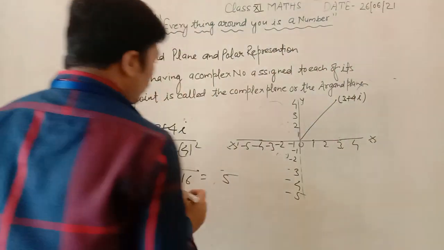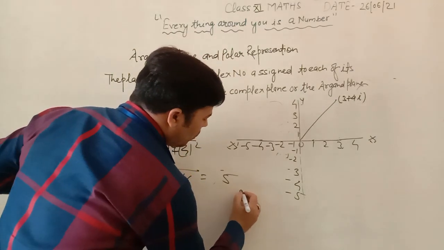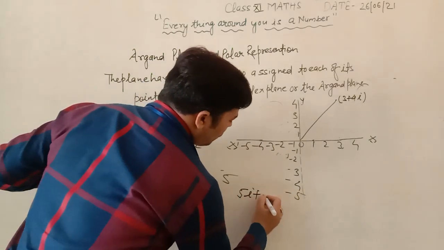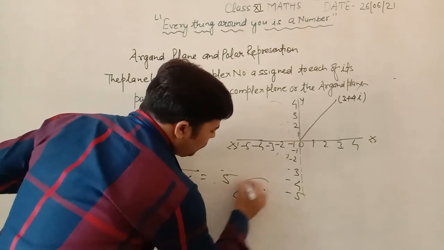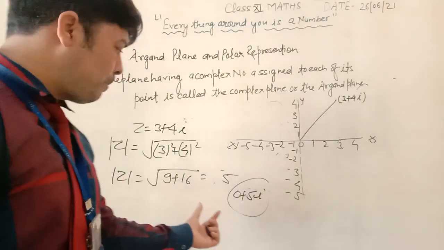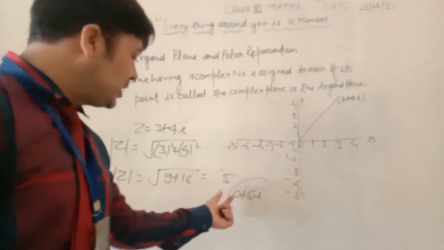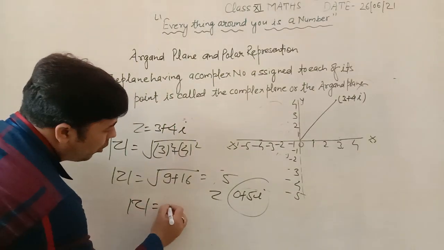Suppose you need to find the distance of 5i from the origin. You only need to find the modulus of that.